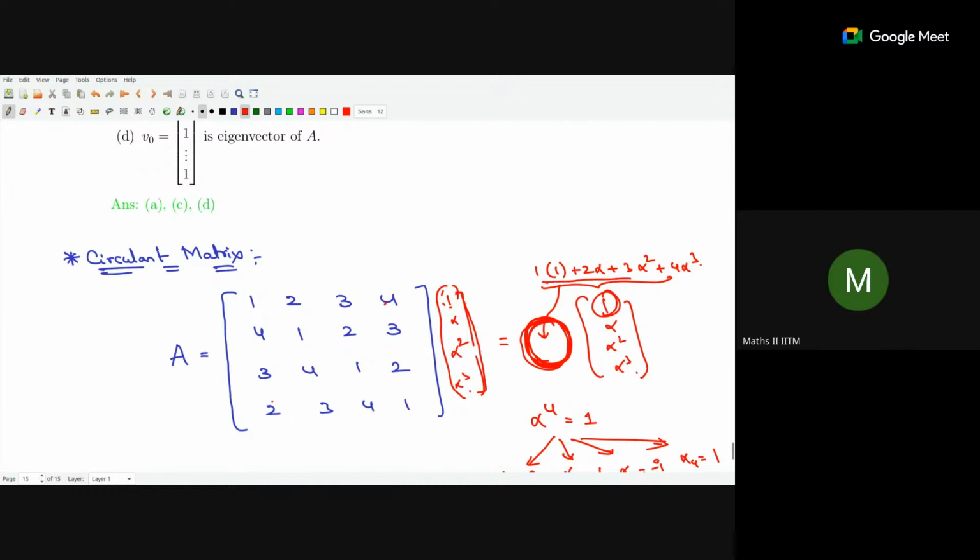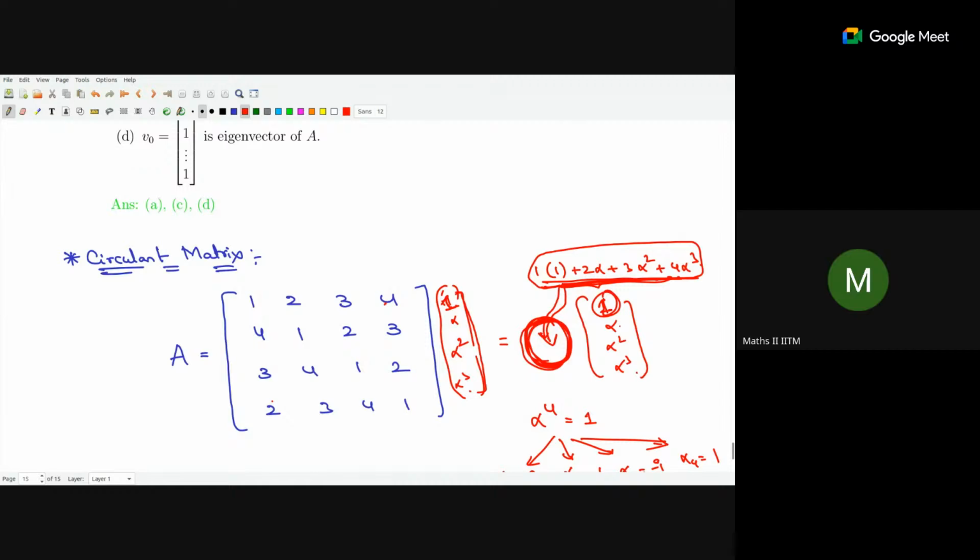That will give me this. But I should not have all these things. I should only have one, because my vector's first entry is 1. So all the thing that I am going to get should go as an eigenvalue.